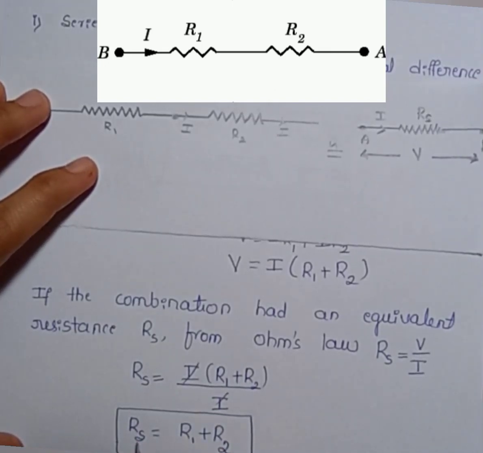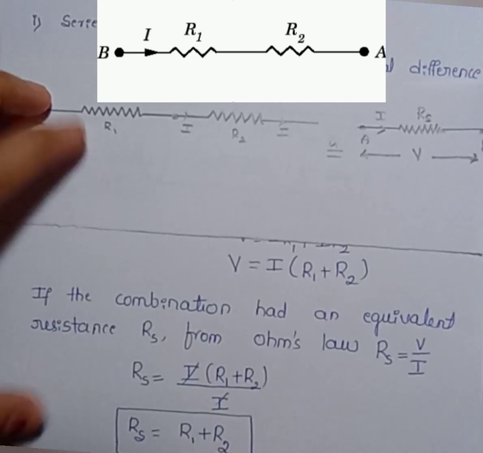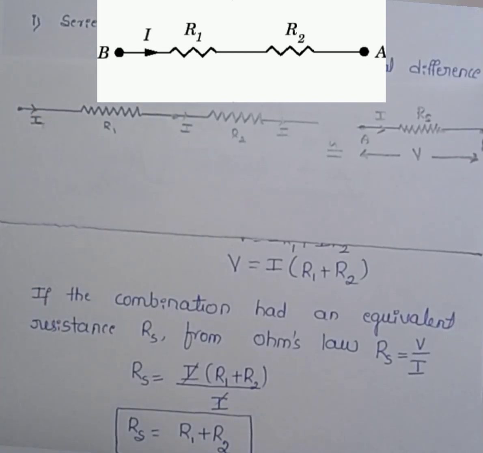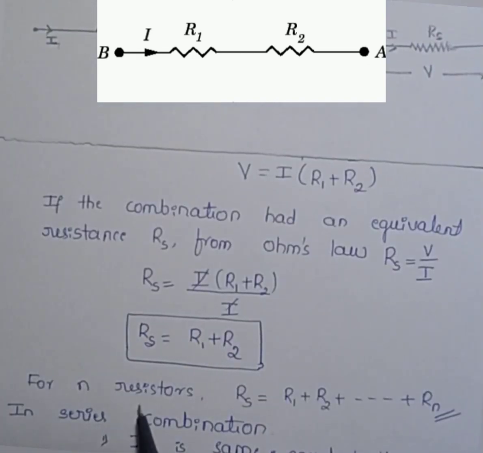That is, in series combination, equivalent resistance is equal to the sum of the individual resistances R1 plus R2. For n resistors, equivalent resistance Rs becomes R1 plus R2, and so on up to Rn.